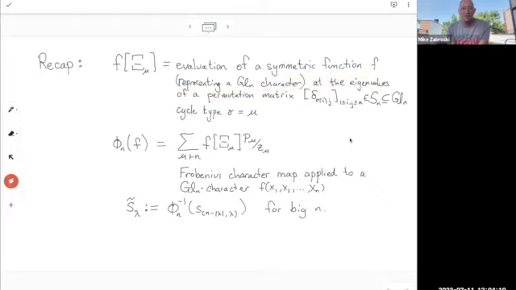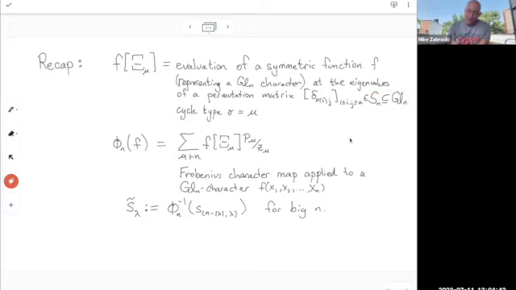It doesn't have to represent a GLN character, but if it's a symmetric function, it can be evaluated by replacing the variables of the symmetric polynomial by the eigenvalues of a permutation matrix. For this, I denote this by f of psi mu. So I have my permutation matrix, it lies inside of Sn, and Sn is a subset of GLN.